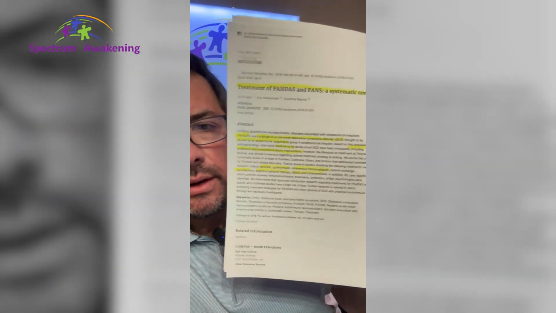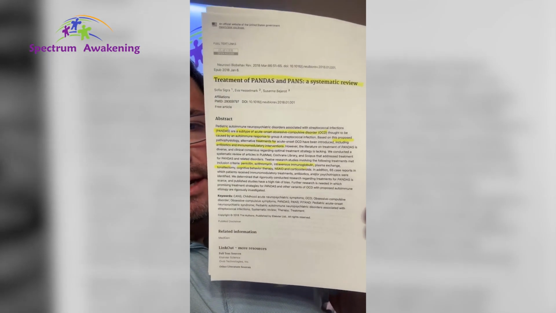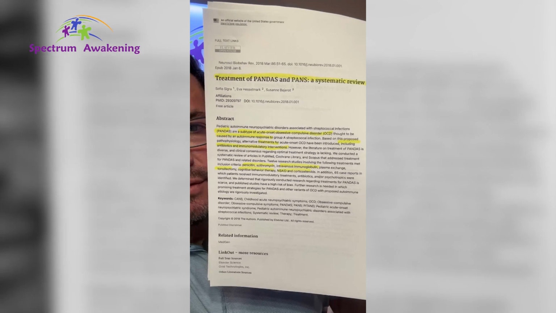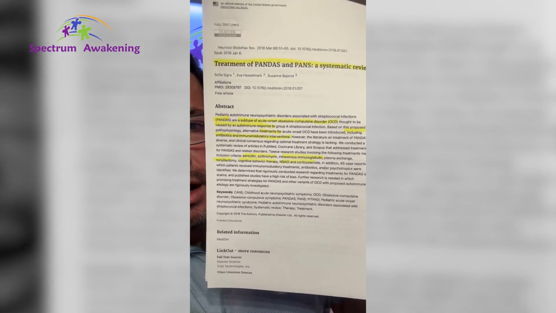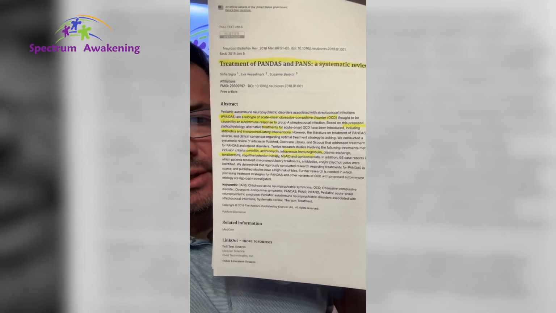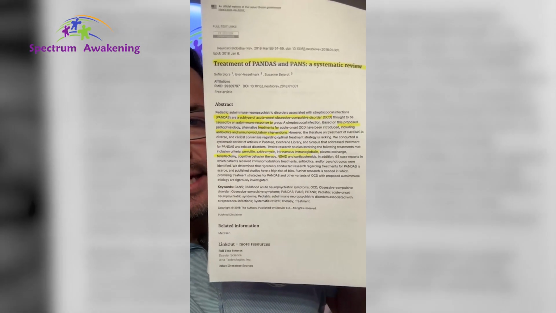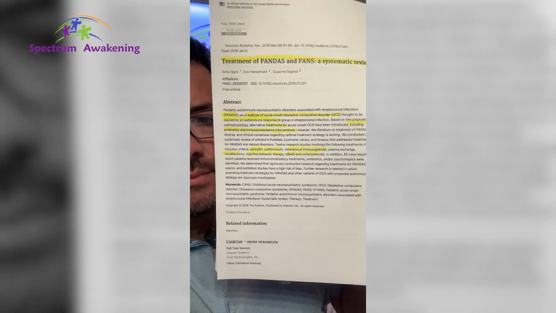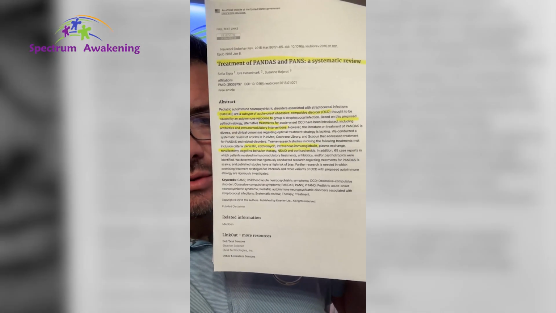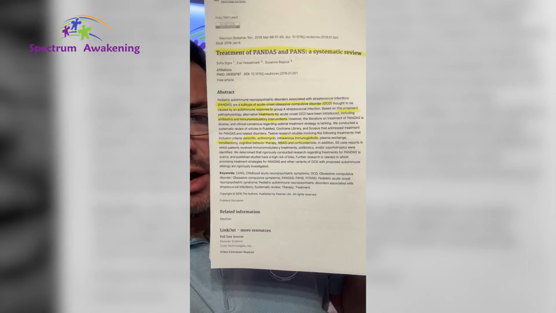All right. So here's a research study talking about the treatment of PANDAS and PANS, a systematic review. Okay. Pediatric autoimmune neuropsychiatric disorders. That's what PANDAS is the acronym for. PANDAS is a subtype of acute onset OCD, thought to be caused by an autoimmune response.